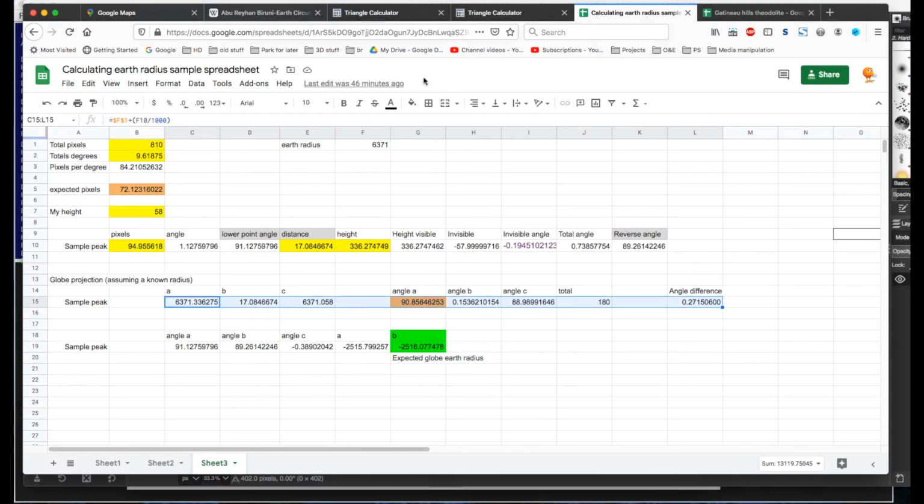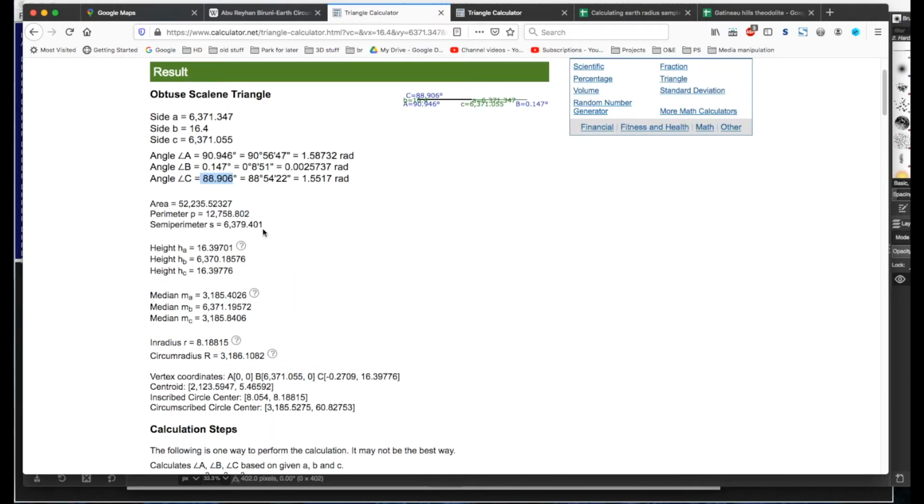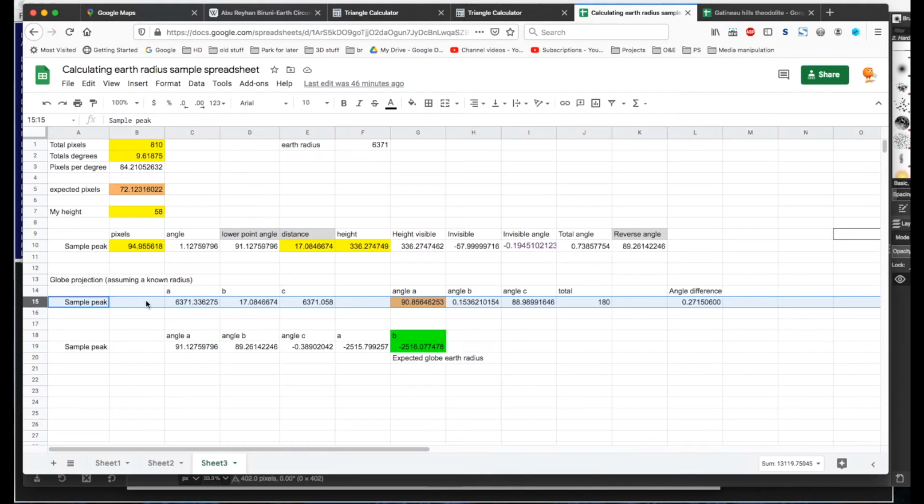These are the calculations that this triangle calculator took here to measure these angles. And in this case, I assumed the Earth's radius of 6371, and I calculated what these angles should be, including calculating the angle difference between what it should have been and what I calculated the angle to have been.